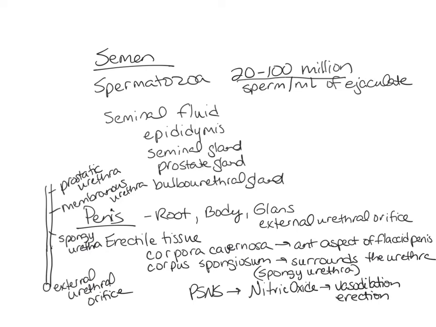We also need to know the prepuce. The prepuce is another name for the foreskin. This is a fold of skin that covers the glans of the penis. There are also glands on the inner surface of the prepuce, and they're called preputial glands.